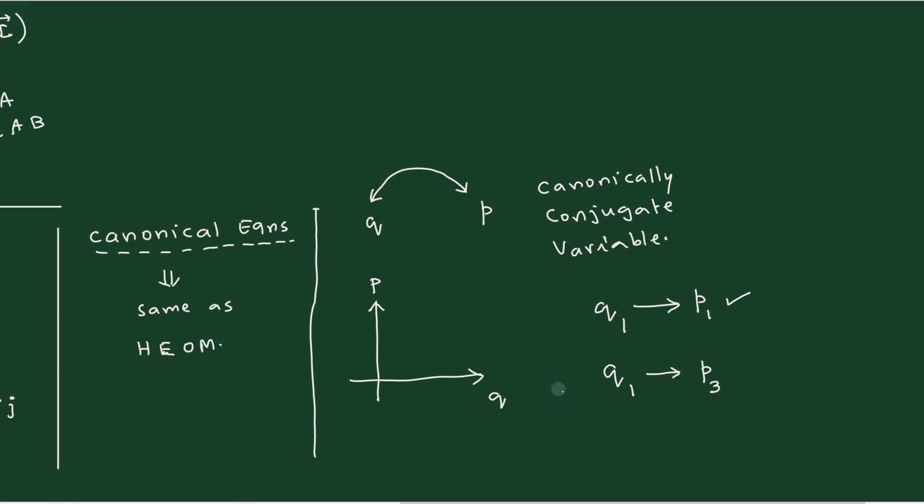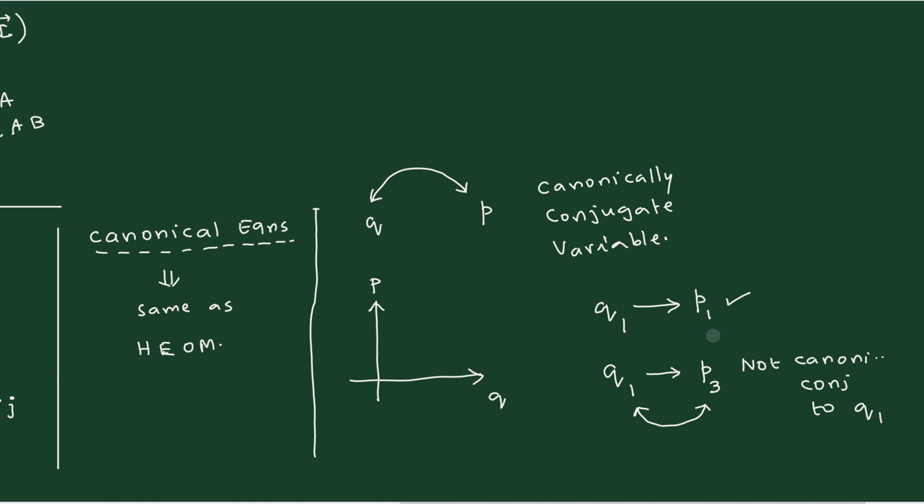Now if I give a connection between Q1 and P3, can you say that P3 is canonically conjugate to Q1? That's the question. The answer is no. This is not canonically conjugate to Q1. This is very important, because this is 1 and that is 3. That is why it is not. You should have the same number for the suffix.